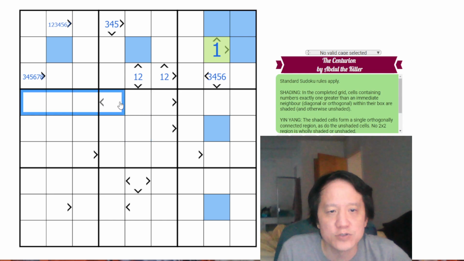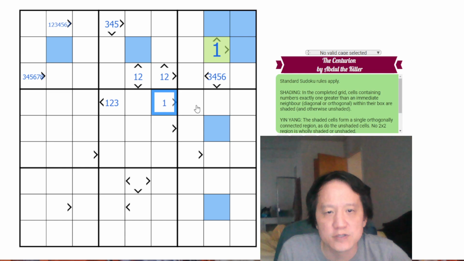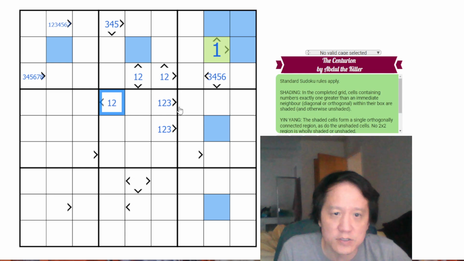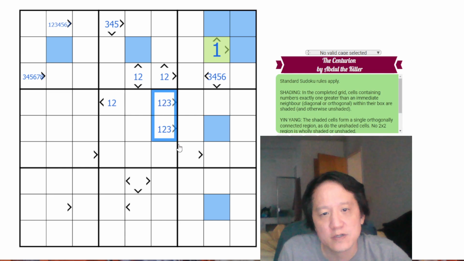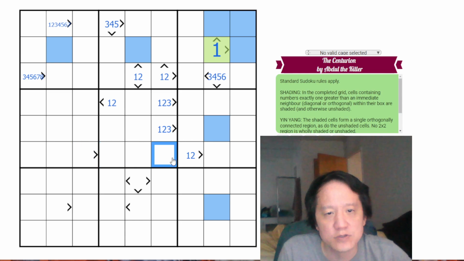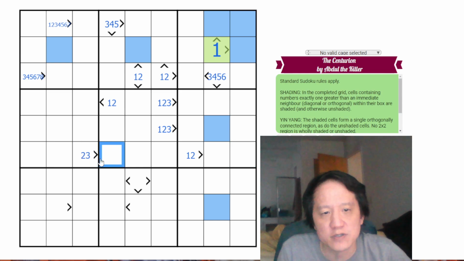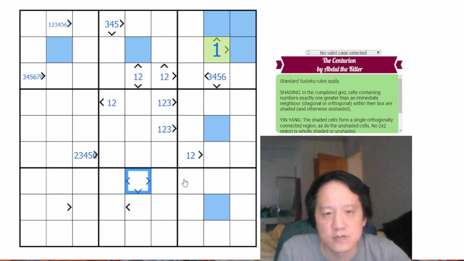This is at most 3, so it's 1 through 3. This is at most 3, so it's 1 through 3. This has to be 3. This is at most 2. This is at most 6, so it cannot be 1 because it sees this amount: 2, 3, 4, 5, 6.